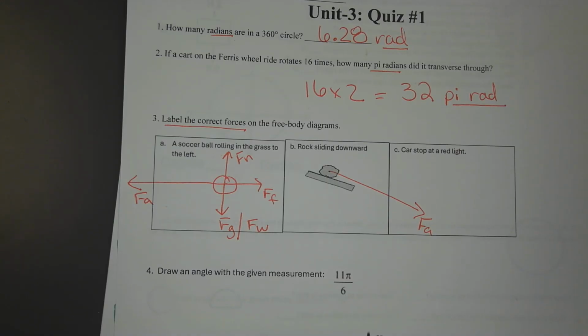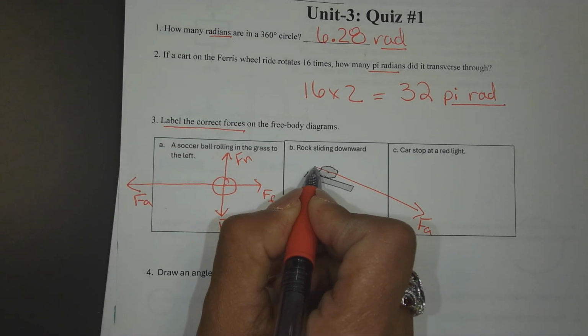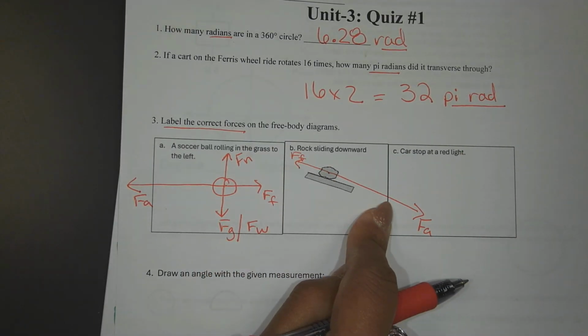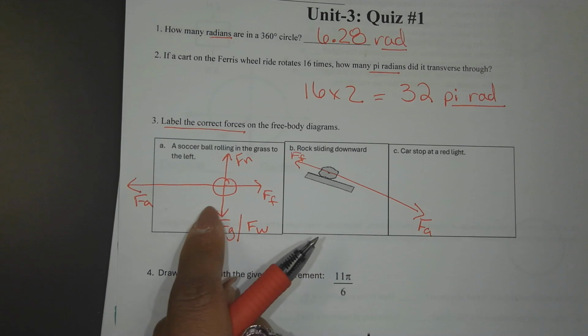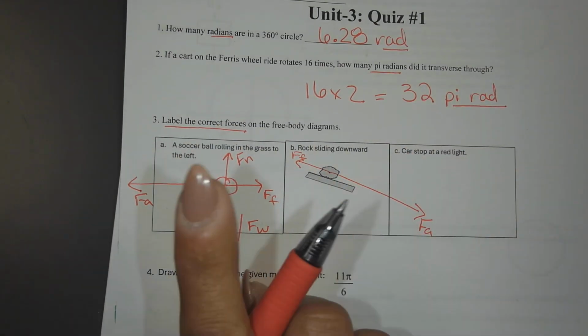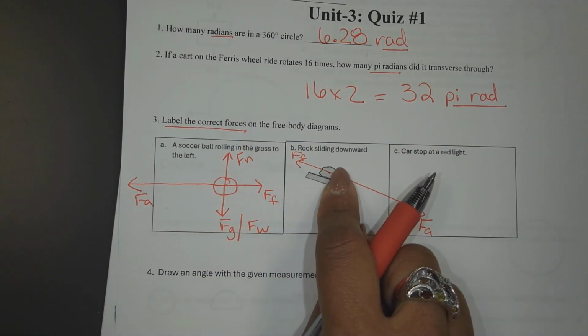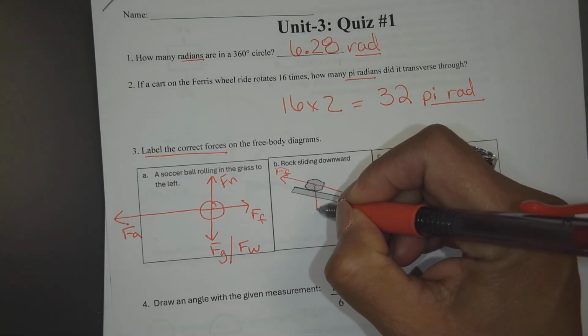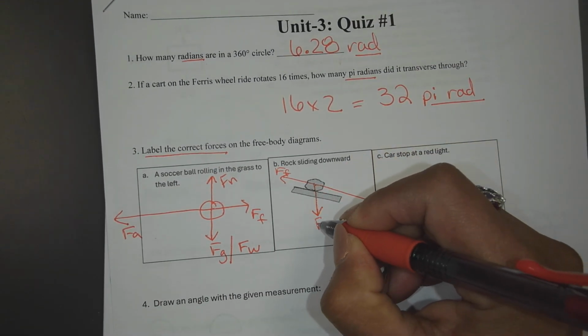My notes tell me that frictional force is opposite to the applied force. And I know that gravity or weight force, no matter the orientation of my object, will always be pulling straight downward.